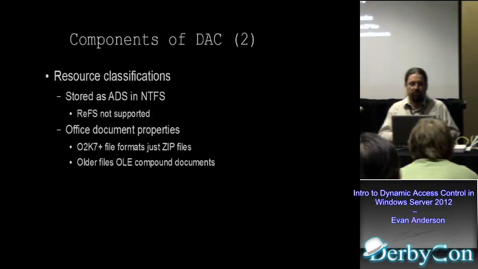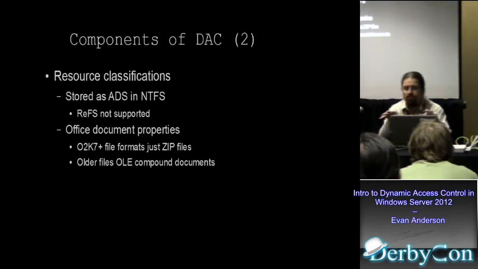The resource classifications themselves are stored as alternative data streams in the NTFS. I don't know if you guys remember alternative data streams, if you know what they are. It's a neat little feature, and it's been in NTFS since way back, probably the first version actually, whereby a named stream of data can be stored along with a file. So you think of the file having its contents, that's its main stream.